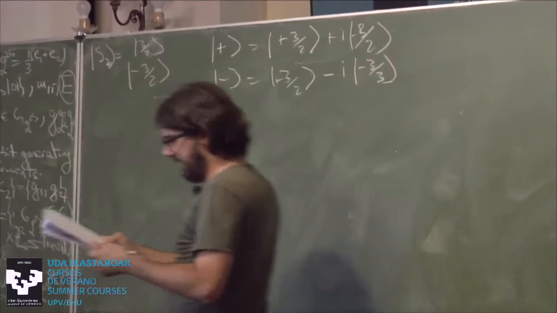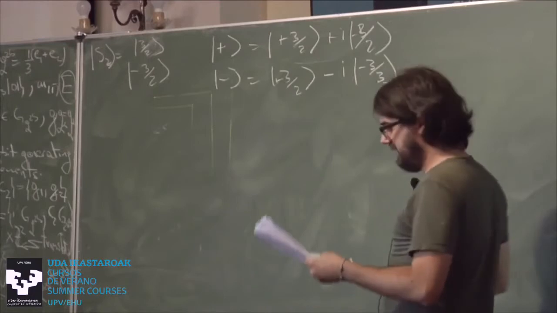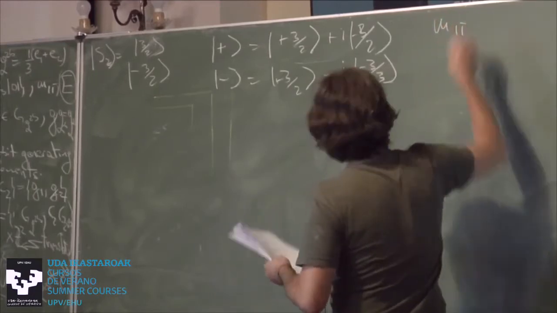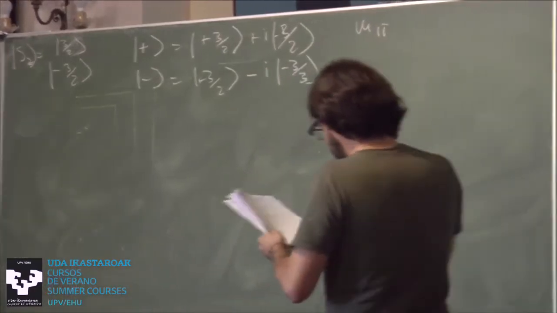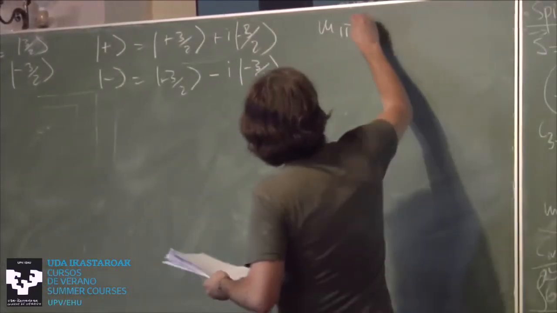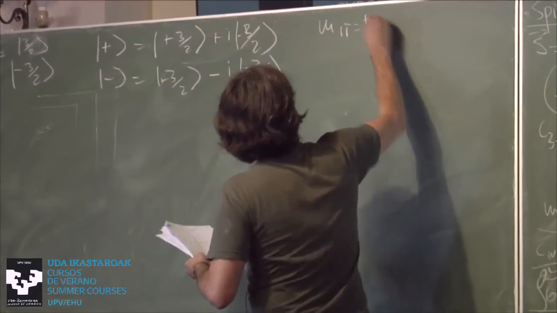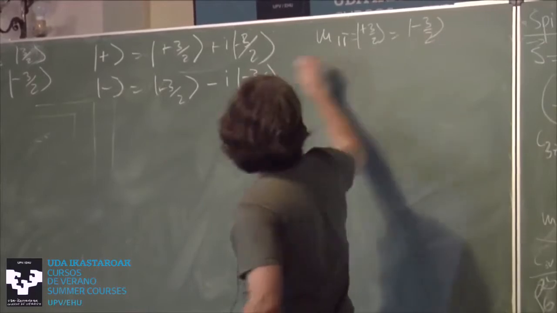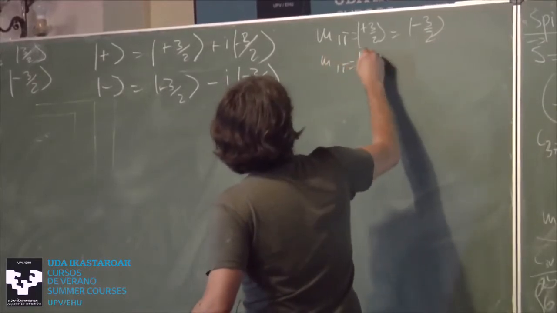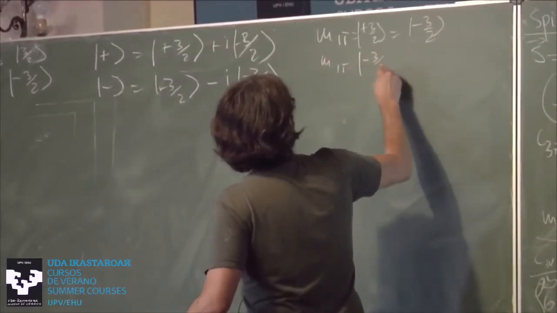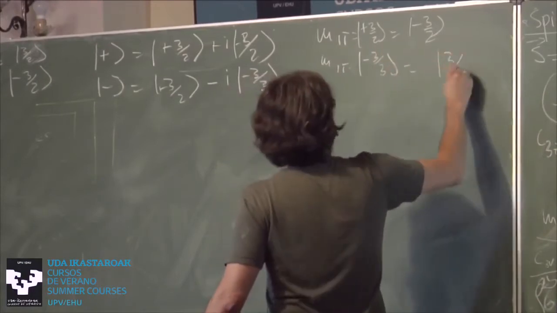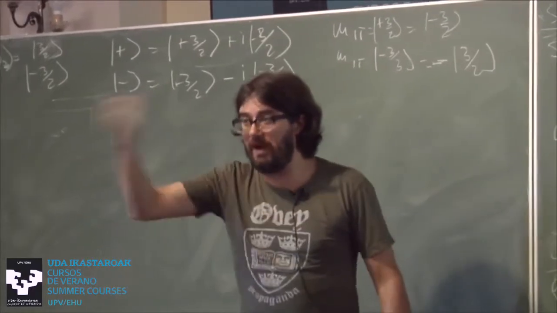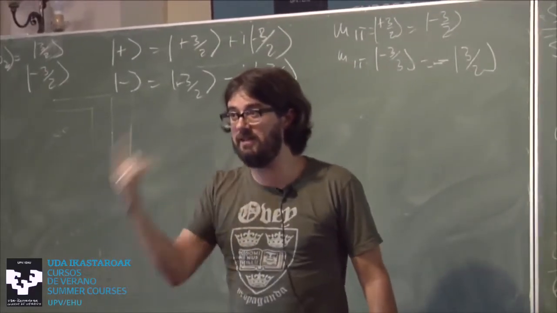I claim that these states are mirror eigenstates. So M11 bar on plus 3/2 is equal to minus 3/2. It flips it. And M11 bar on minus 3/2 is equal to 3/2, but you get a minus sign here, and this minus sign is just because if you apply mirror twice, you have to get identity with a minus sign.